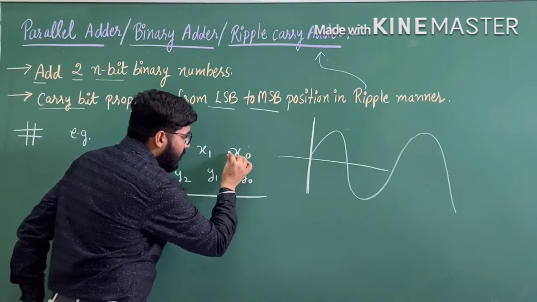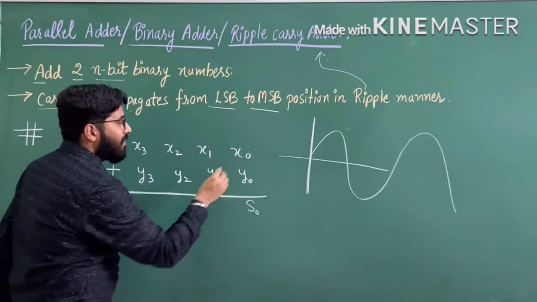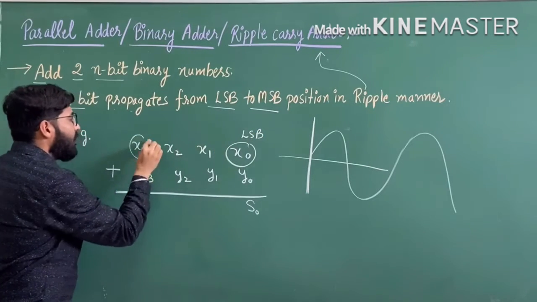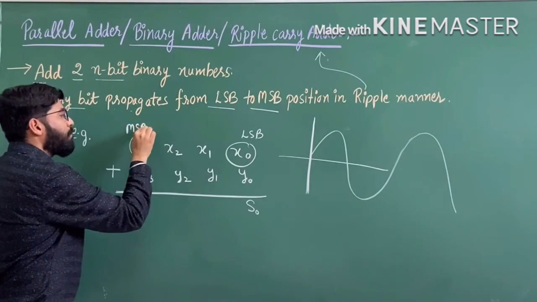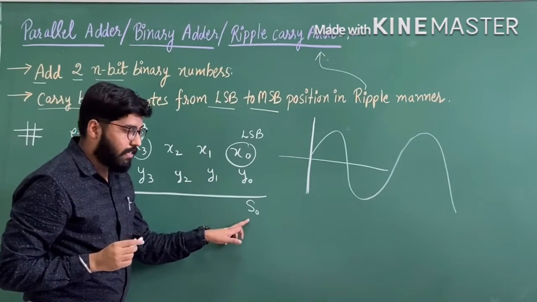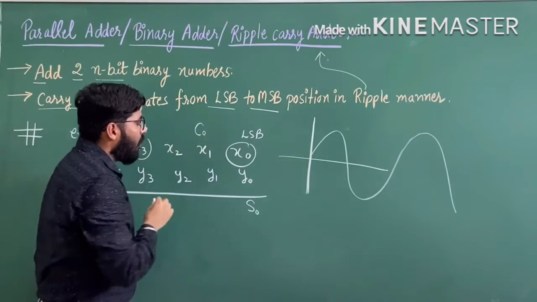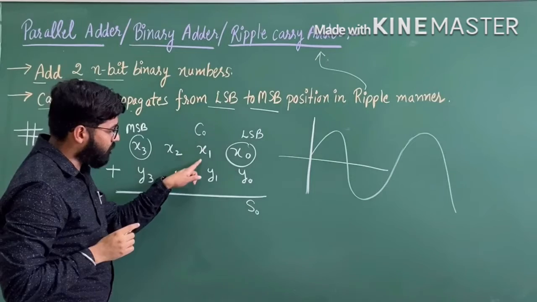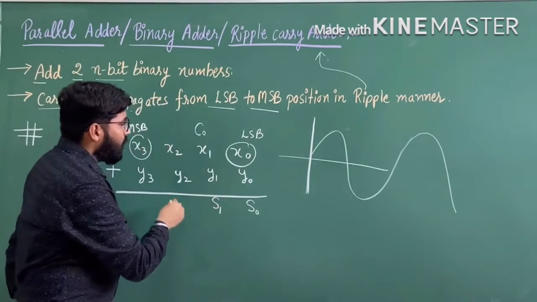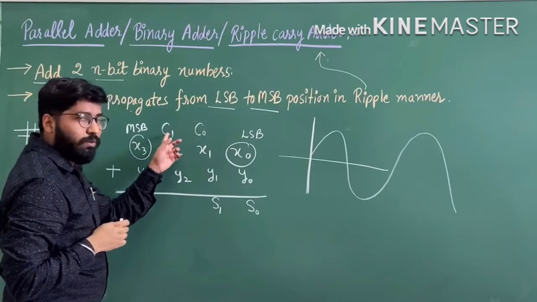Now if we add x0 and y0, we get a sum s0. This is the least significant bit and this is the most significant. Now if there is a carry, that carry goes to the next stage. Now we add c0, x1, y1, and we get a sum s1. Now there is a carry c1, and it goes to the next stage.